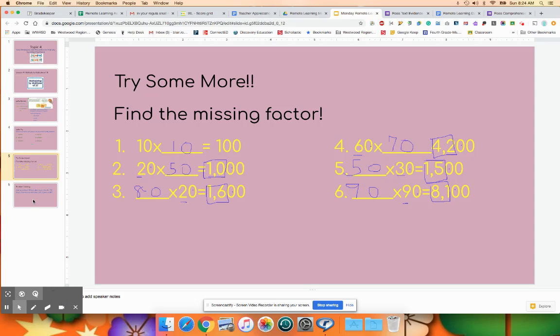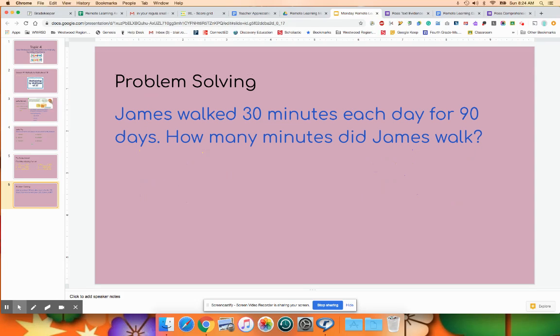And let's just look at a word problem. James walked 30 minutes each day for 90 days. How many minutes did James walk? So I know each day he's doing 30 minutes and he's doing it for 90 days. Good for James. Go ahead, James. Right, so this would be my multiplication.